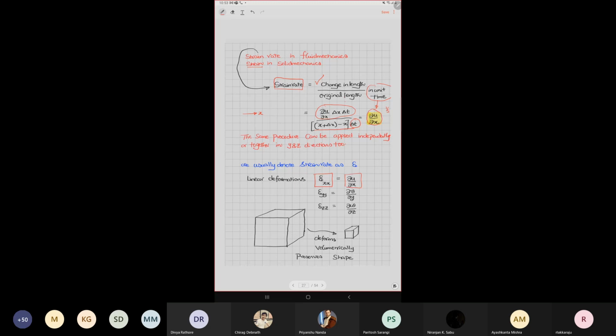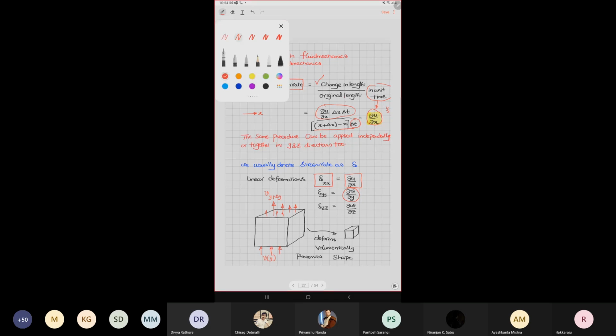Just a notation. Similarly, if I do the same process in the y direction, the velocity with which these surfaces move is v at y, and the other surface goes at v at y plus delta y. That means the change in length per unit time, del v by del y, is the strain rate in the y direction.